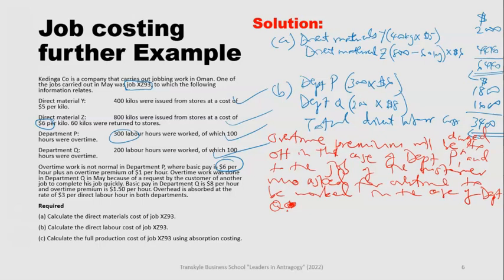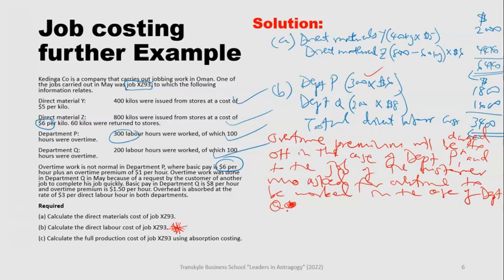But our question only required us to calculate the direct labor, which is the direct cost only. So this is why we only consider the basic pay of that labor. Okay, the premium was not required in this question.